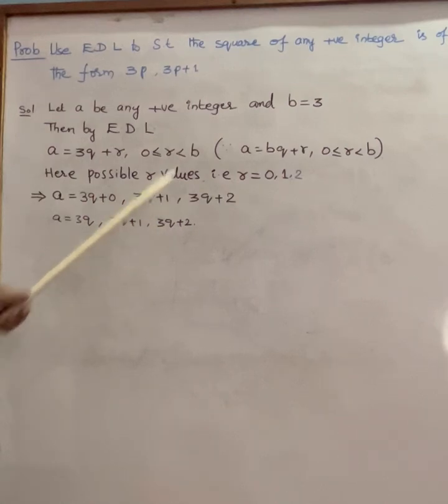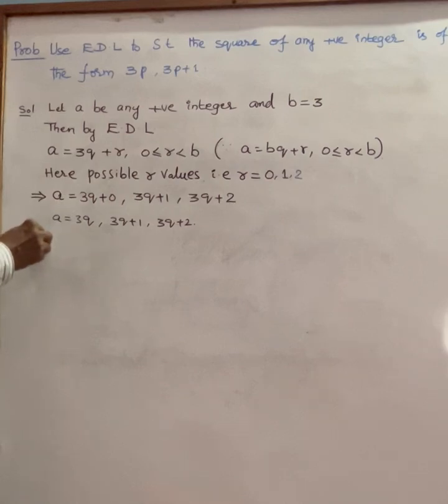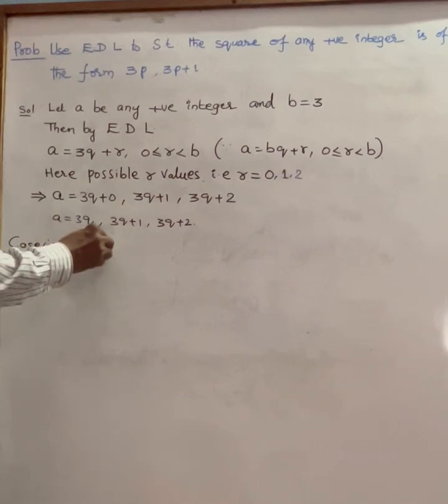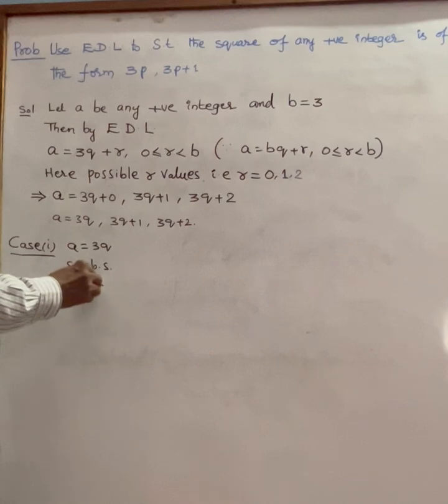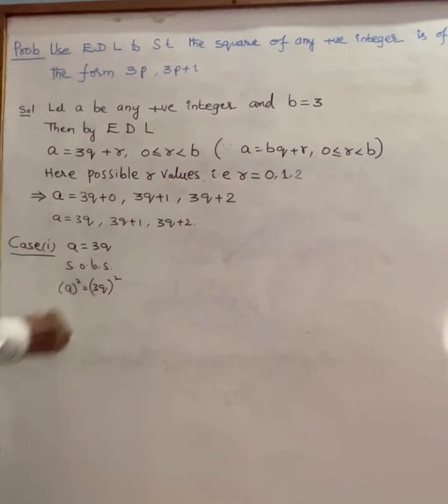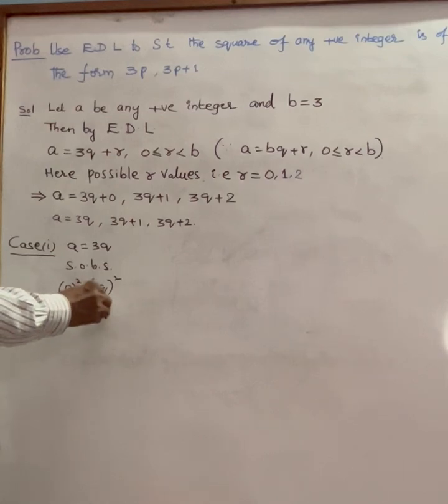Now we have to find out squares of positive integers. Now I am proving as cases. Case 1. Let a positive integer be 3q. Now squaring on both sides, we will get a square is 3q square, which becomes 9q square.